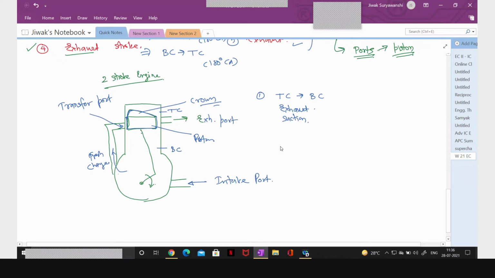So this stroke, when the piston is moving from top center to bottom center, is mainly the expansion, because that is a productive stroke.